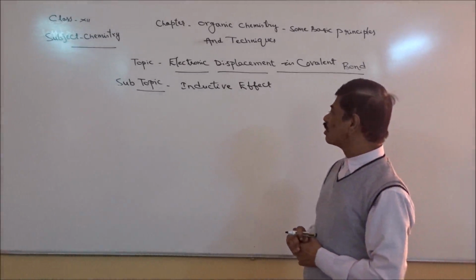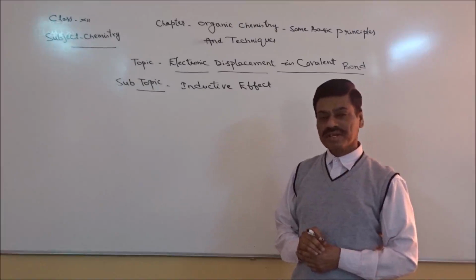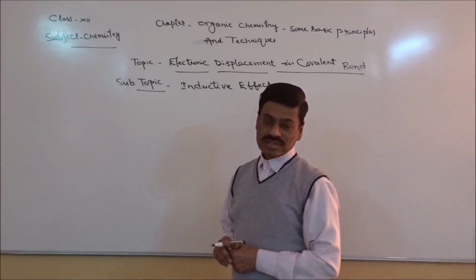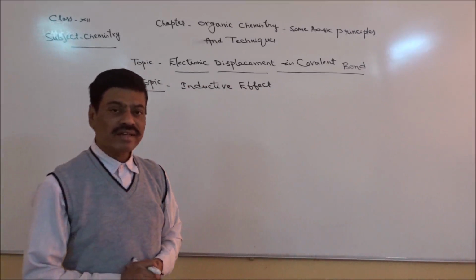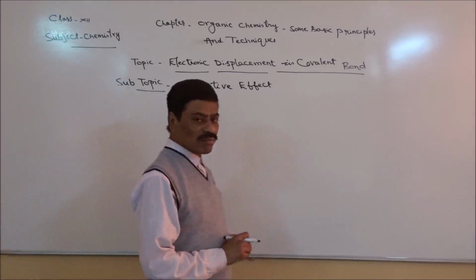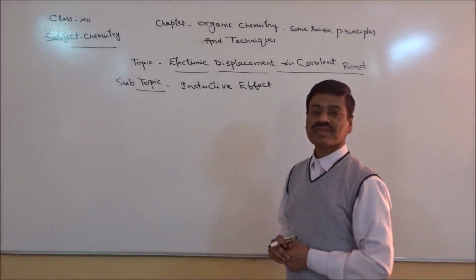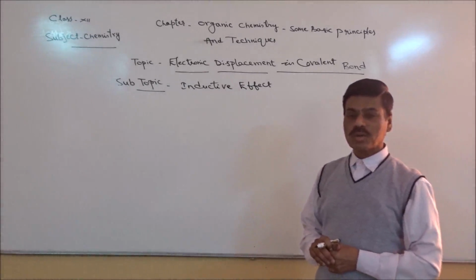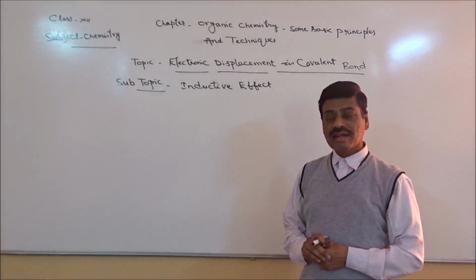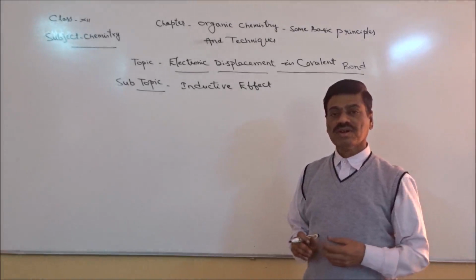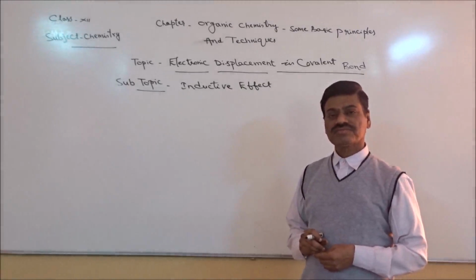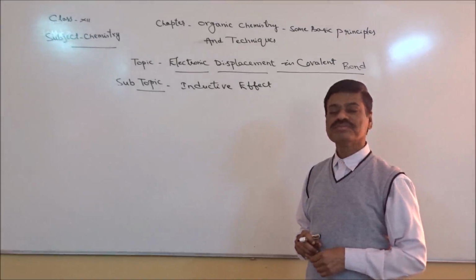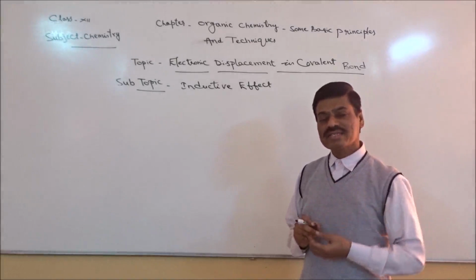Those organic compounds which contain hydrocarbon part in it and electron withdrawing group like halogen, nitro group, CN group, cyanide group, carboxylic acid group.